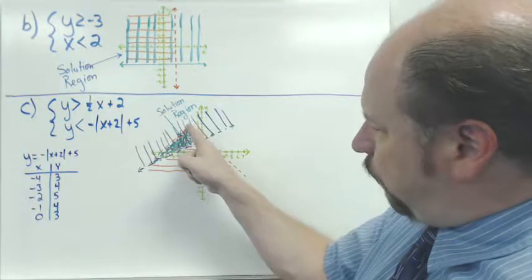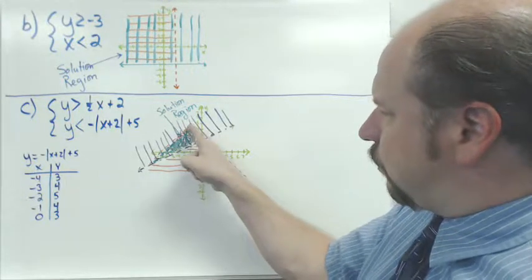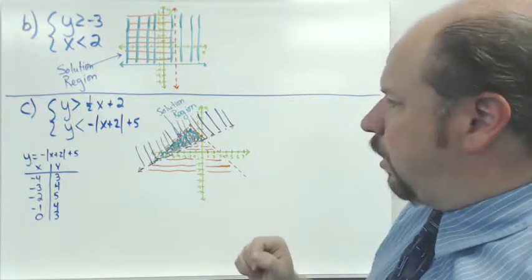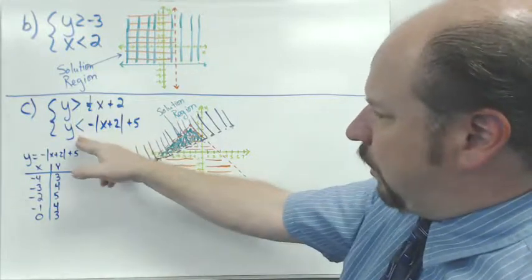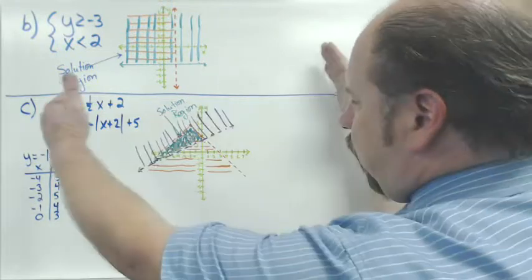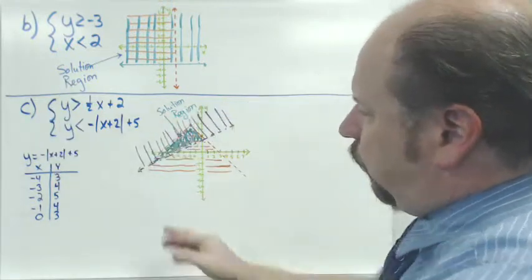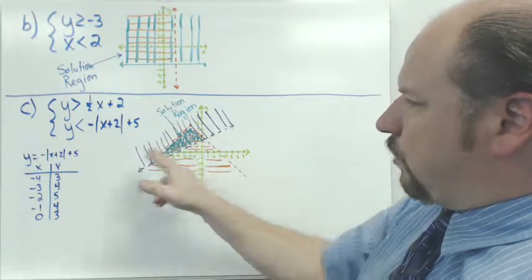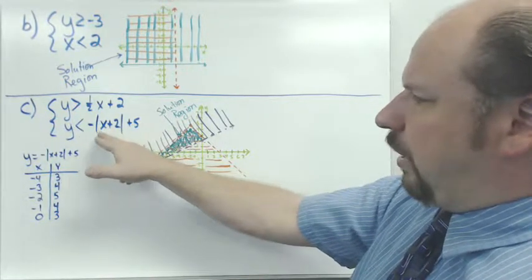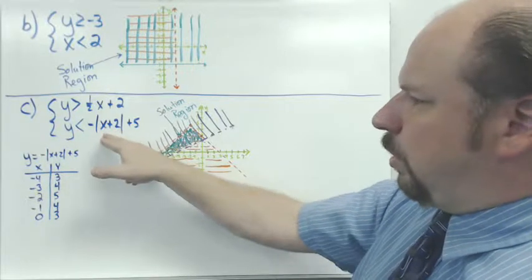So for that, I plotted the points on the graph and drew my lines for the absolute value. And it's going to be less than. So we need to decide, is it going to be shaded out here or underneath? Well, if we pick the point (0, 0): 0 is less than the opposite of the absolute value of 0 plus 2, plus 5.